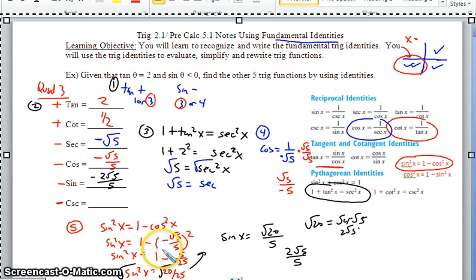And then finally, to find the cosecant, I can just take the reciprocal. I can use this identity right here. So I'll do 1 over negative 2 square root of 5 over 5. I'll get rid of that by multiplying by the reciprocal.